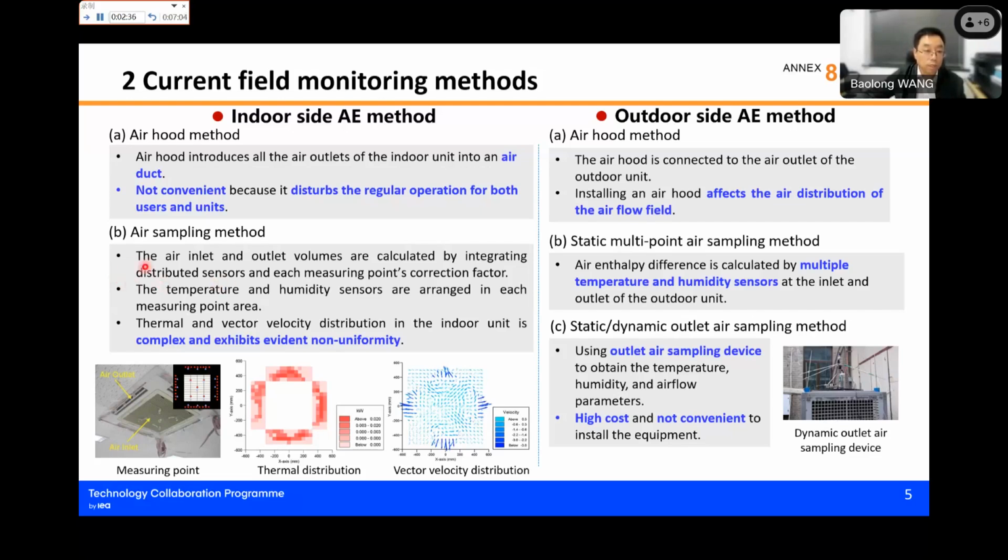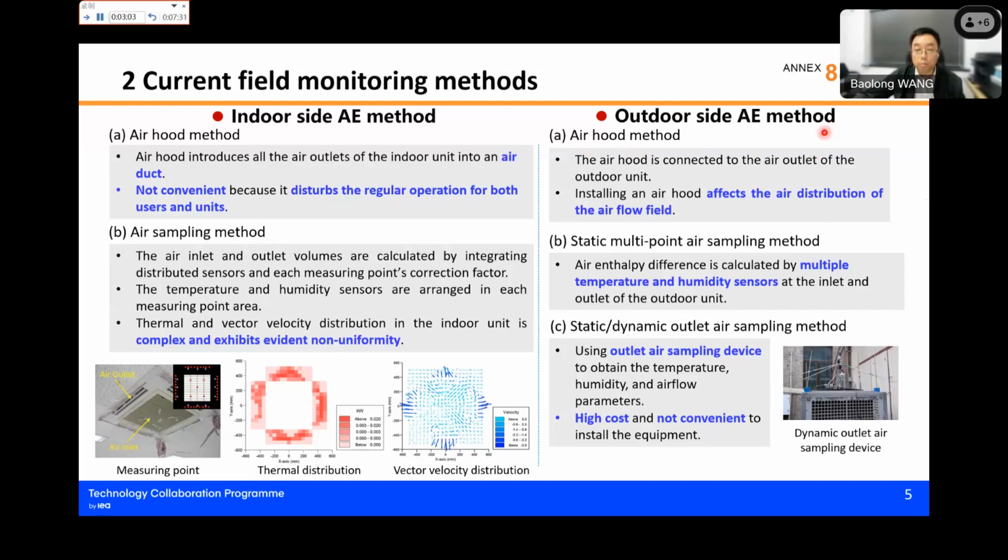By this method, you can calculate the distribution of the inlet and the outlet. So by that, you can calculate the indoor unit heat exchange. Another one, you can also use this kind of method for the outdoor side.